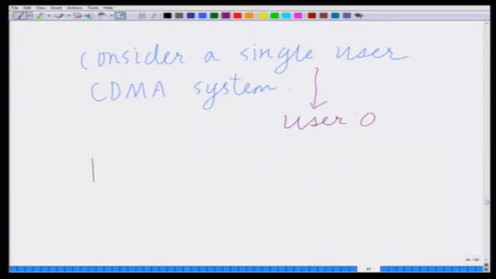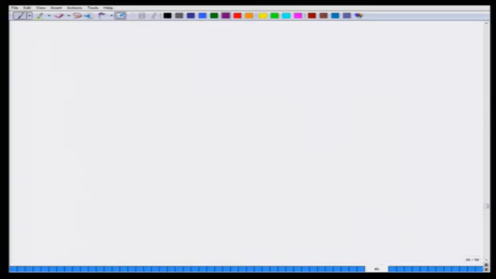Let the transmitted symbol of this user be equal to A0. So, A0 is the transmitted symbol and the CDMA code is denoted by C0 of n.